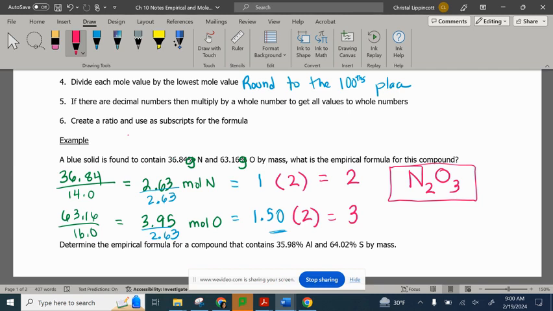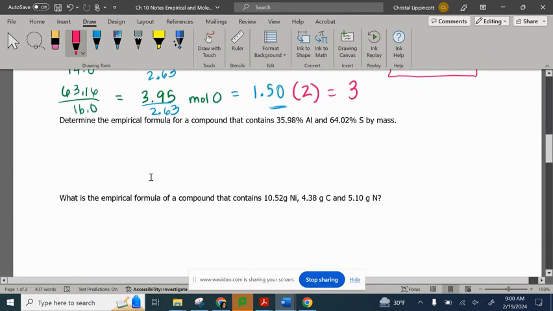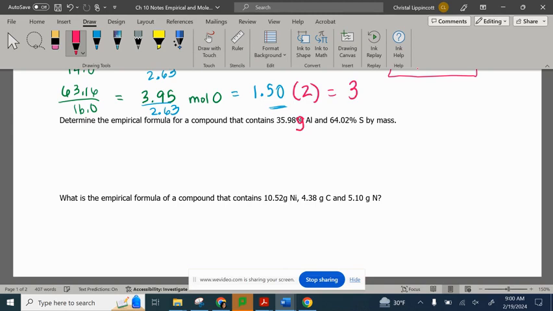All right, let's try another one. Everybody caught up on that one? Ready to go? Anybody need me to pause? Okay. So if I'm given percents, I'm going to assume that I have a 100-gram sample, and I'm going to turn my percents into grams. Step 3 then.